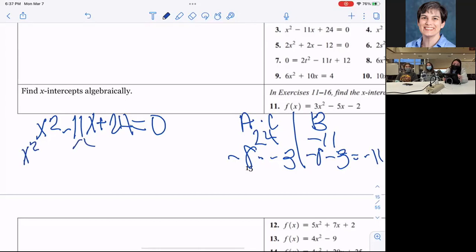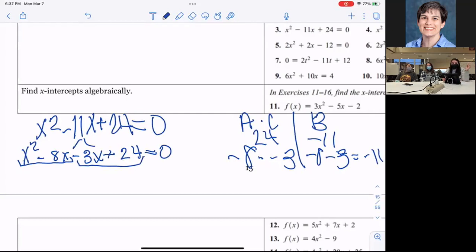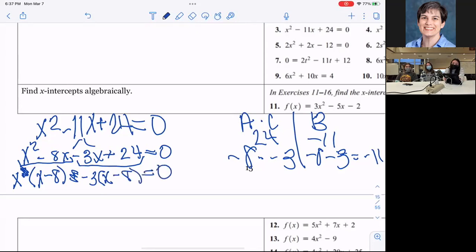We're gonna split negative 11, so it'll be x squared minus 8x minus 3x plus 24 equals 0. Then we group these, dividing them into 2 parts, and factor. x will go out of the first part, leaving x minus 8, and then negative 3 out of the second, leaving x minus 8.